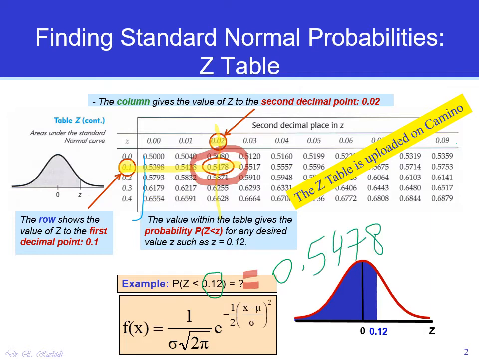Instead of going through all these complicated formulas and computations using this very complex probability density function and an integral, we can actually use this table. Right now we don't need to do this because we have computers and we can just plug in the numbers, and I'm going to show you how to do that in Excel. But back in the time, they used this table, which is called the z-table.